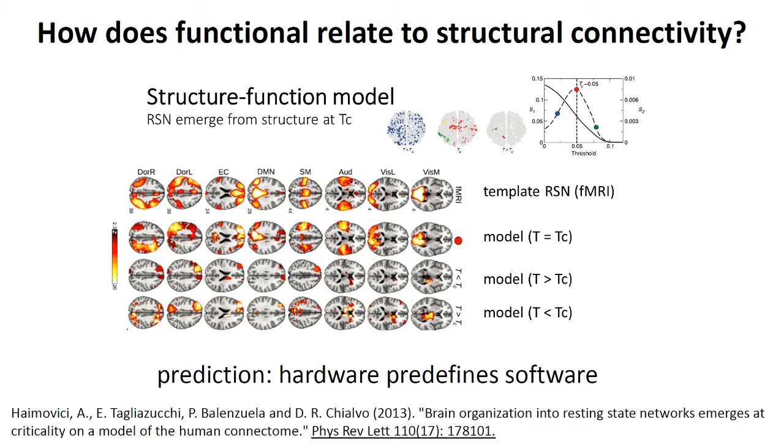Our hypothesis is that these resting state networks are actually somehow encoded already in the structural connectivity of the brain, meaning the white matter of the brain. At some point, we built a simple model, and this model, under very general assumptions, which are the assumptions of criticality, allowed you to recover these networks with a very basic computational model.